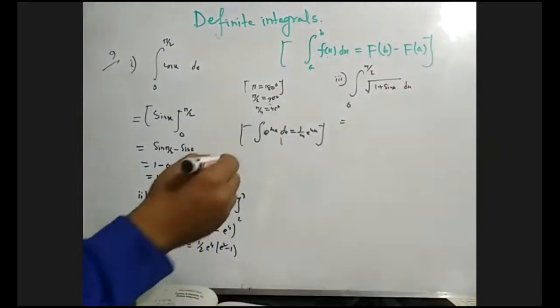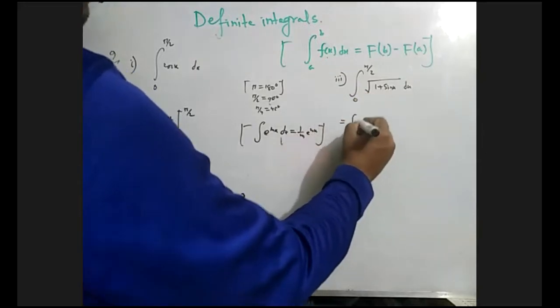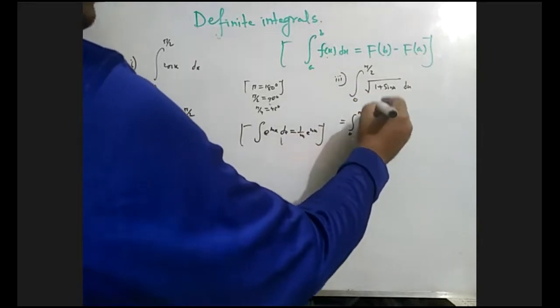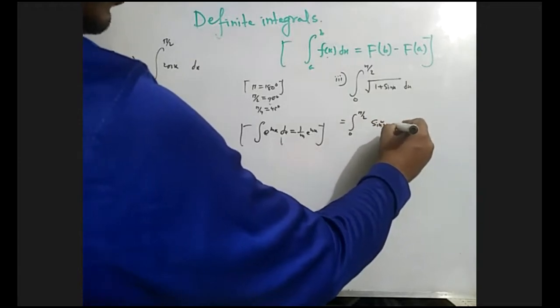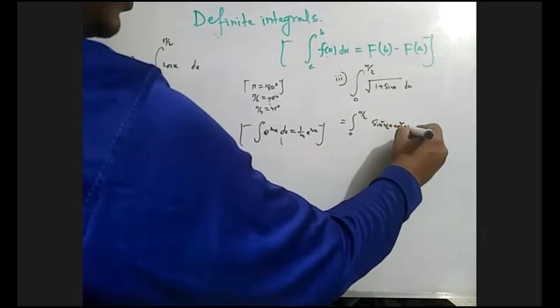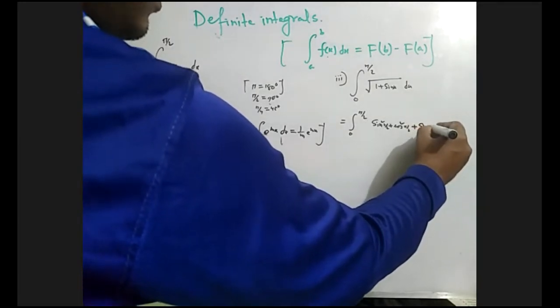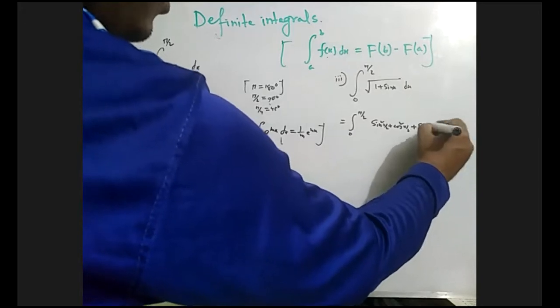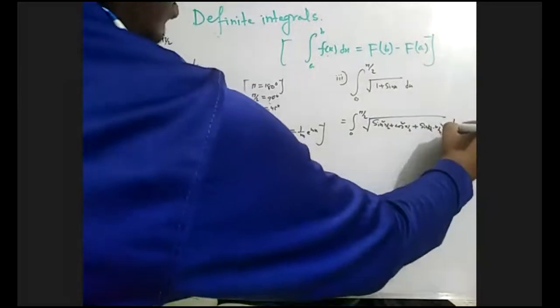Now what will be the integration of this? Within limits 0 to pi by 2, 1 can be written as sin square x by 2 plus cos square x by 2, and sin x, sin 2 into x by 2, dx.